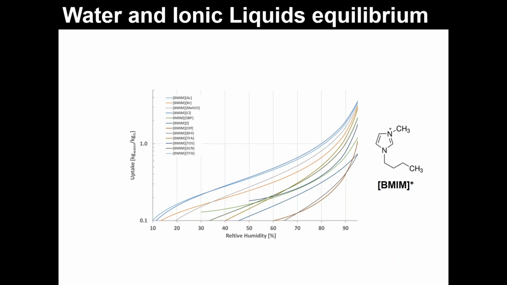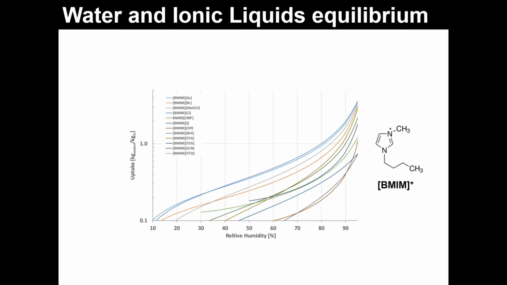Sorry for the spelling mistakes sometimes in the presentation. Here I am showing all the data on the BMIM, which is another imidazolium ionic liquid, where the water absorption is very well measured on a number of different ionic liquids.